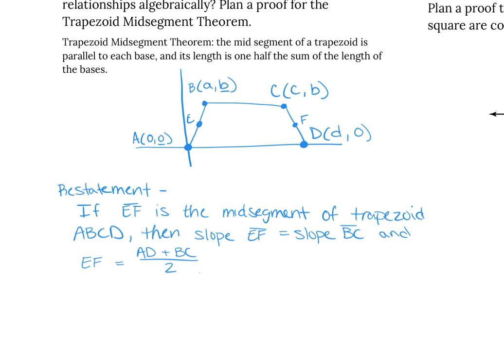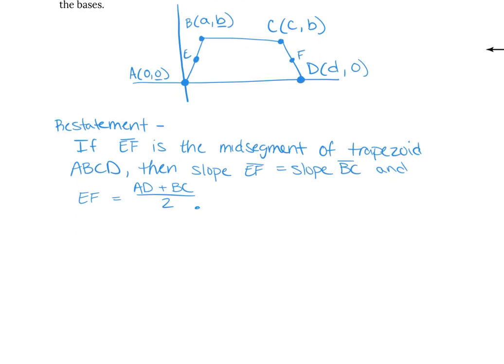Okay, so to prove this, I would have 2 steps. The first is that I would need to prove that the midsegment is parallel to the bases if my slopes are equal. So I would need to prove that the slopes are equal.